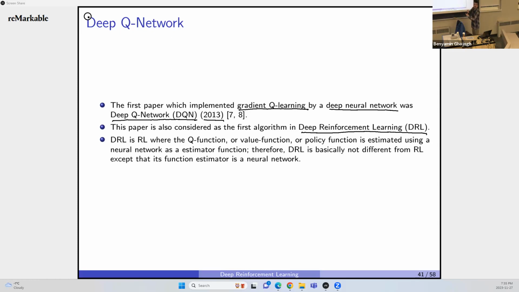Let's approximate these things by a function and let the function be a neural network. For example, we have the Q function, the value function V, and the policy function, we can approximate the policy pi with a function. If you approximate one or several of these by one or several neural networks, this becomes deep reinforcement learning. So when you want to learn deep reinforcement learning, you should learn reinforcement learning. It's nothing but that.